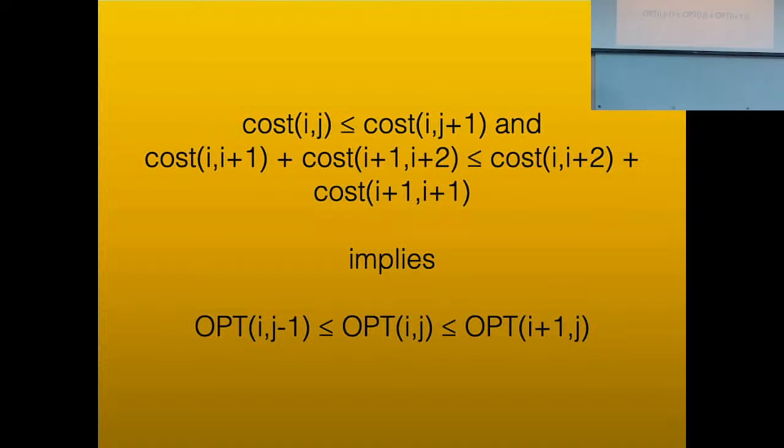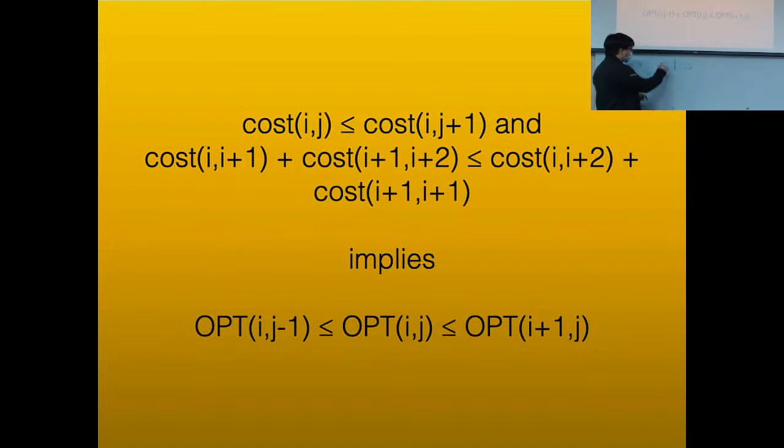Yeah, and then the cost: if you compute this dp and if you compute this dp, this cost should not be higher than this. The simplest example is, let's say the cost is just the sum of elements from i to j. So let's say the problem is that you want to partition this array, but each time you partition, you pay the cost of the sum of the thing that you want to partition.